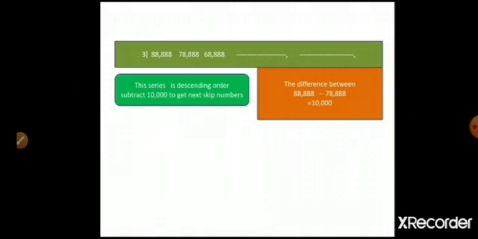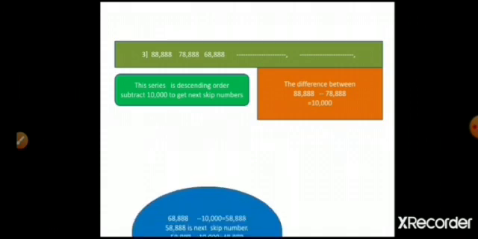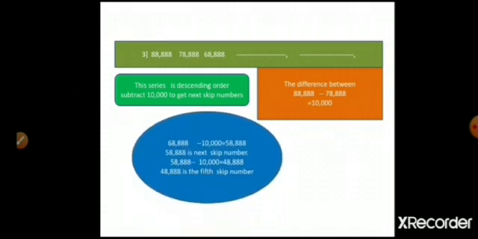The third number is 68,888 minus 10,000, then we get the fourth skip number, 58,888.